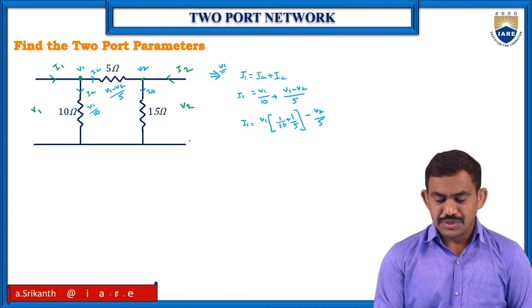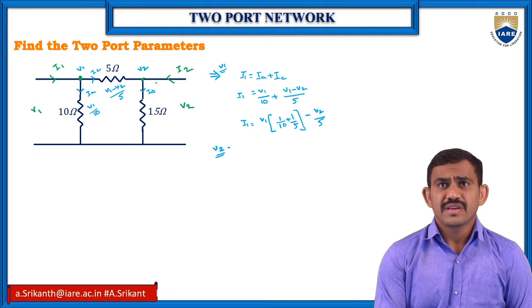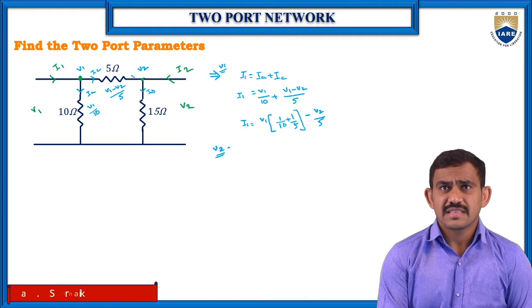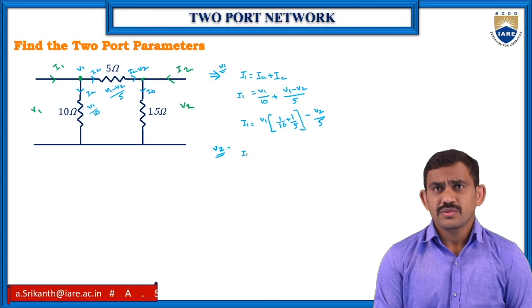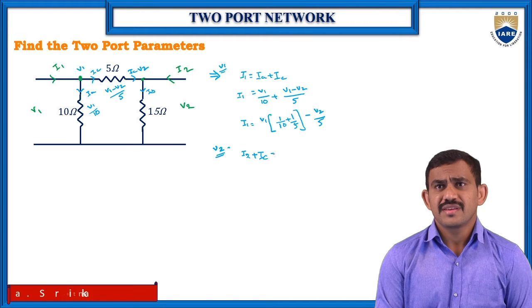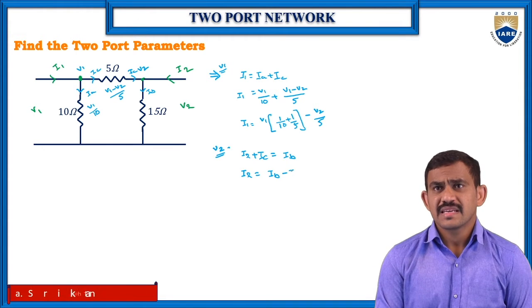Now coming to V2. At V2, we have incoming currents. So I2 is incoming, plus IC also incoming, equal to IB, which is outgoing. Now your I2 is equal to IB minus IC.